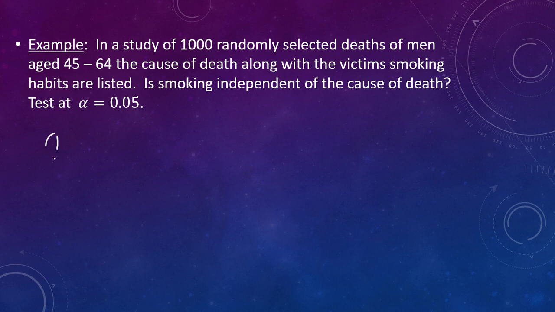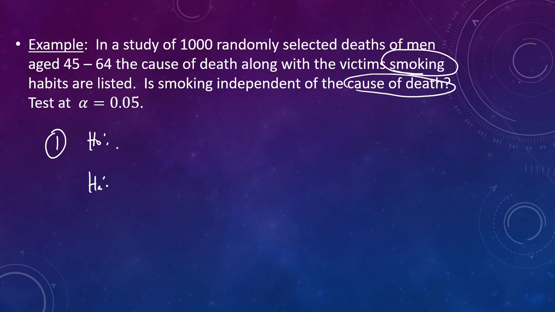Let's look at step 1. We're going to state the null hypothesis and the alternative hypothesis. Remember, the generic null hypothesis is the two factors are independent. So I'm going to look at what the two factors are. I'm looking for their smoking status and their cause of death. So those are my two factors.